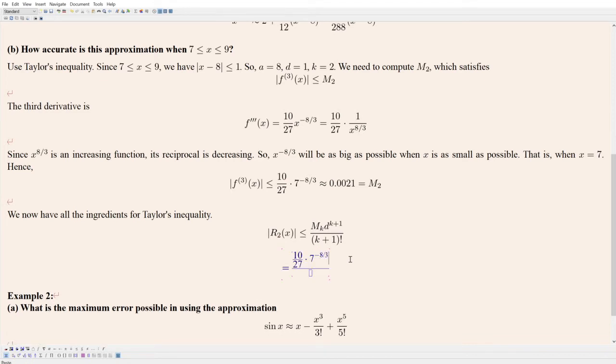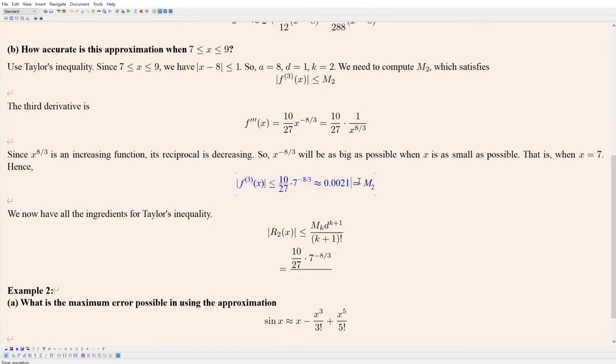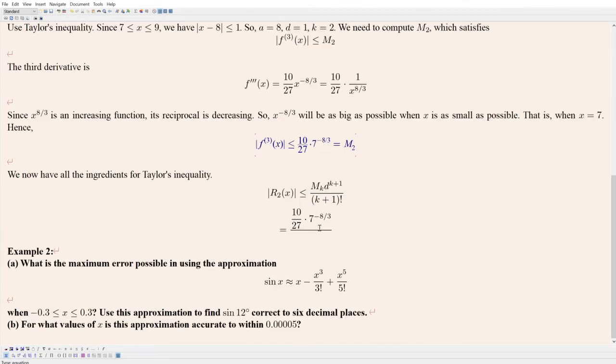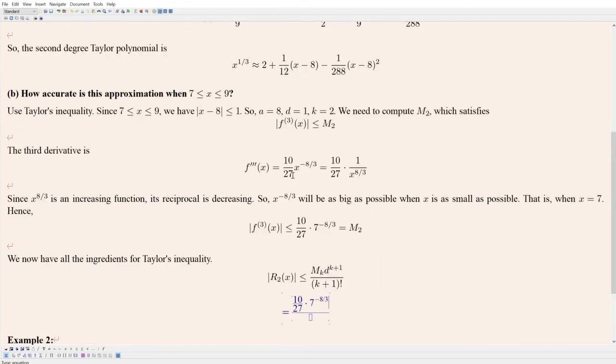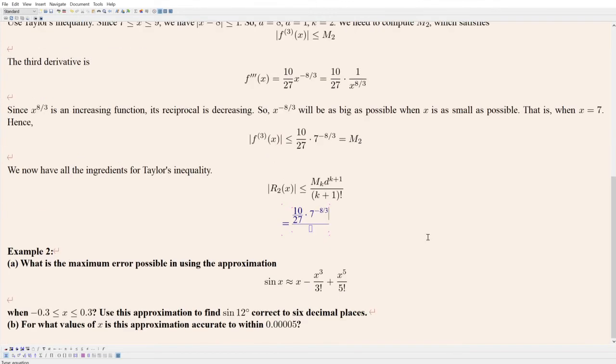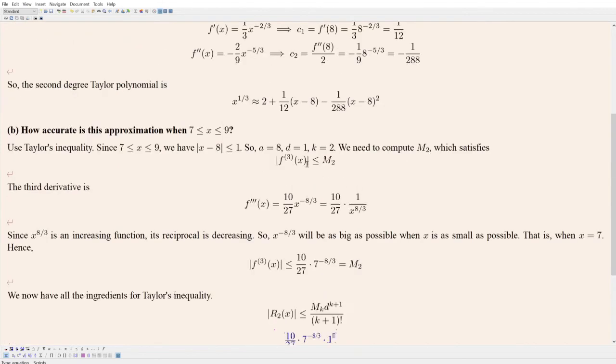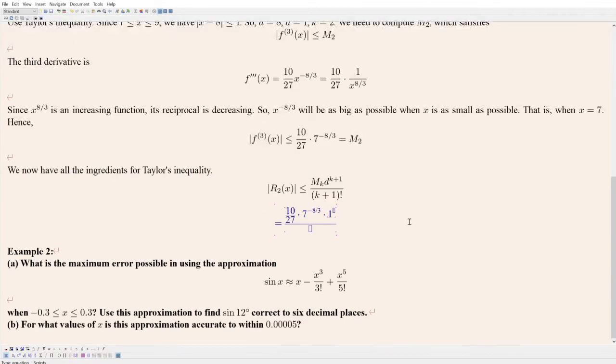I'm going to hold off on computing it until the end, because otherwise there's going to be some round-off error happening. d is equal to 1 in this case. k is equal to 2, so k plus 1 is 3. Not that it matters, because 1 cubed is still 1. 3 factorial.